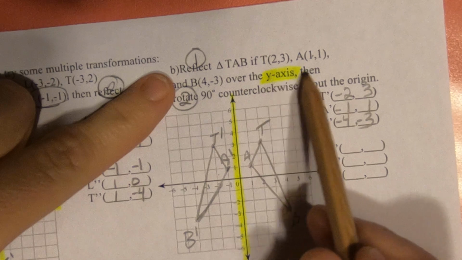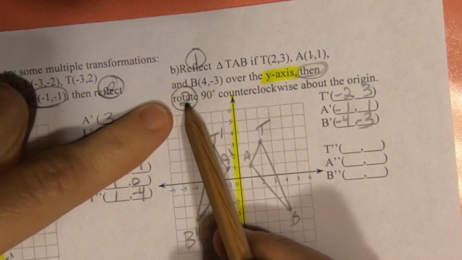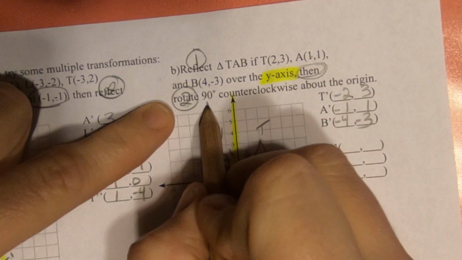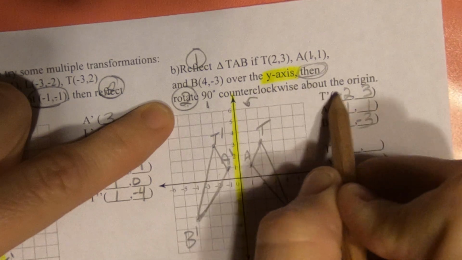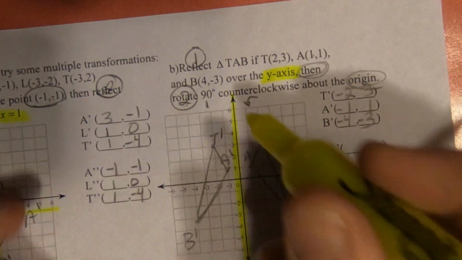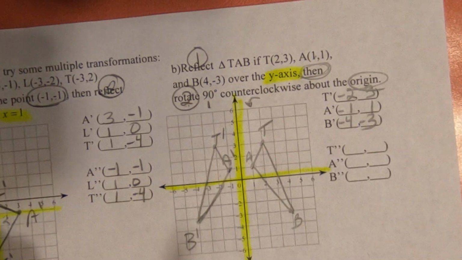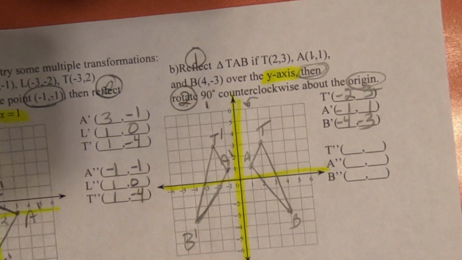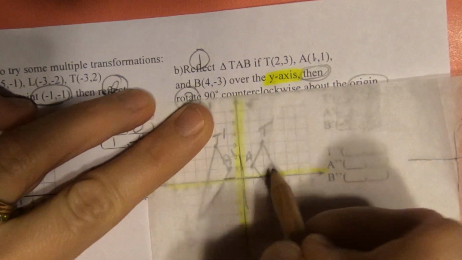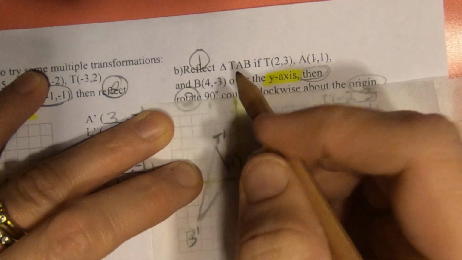We're used to that. Then, number 2, we're going to rotate 90 degrees counterclockwise about the origin. So now we're going to highlight the origin. If you have a different color highlighter, that works best. So I'm going to take my new triangle, triangle T prime, A prime, B prime.